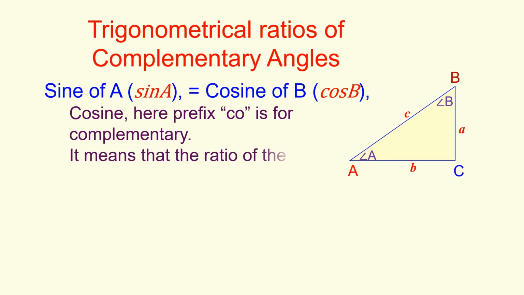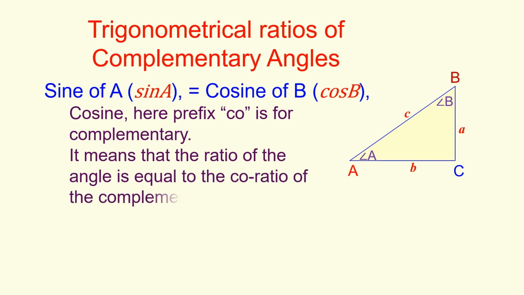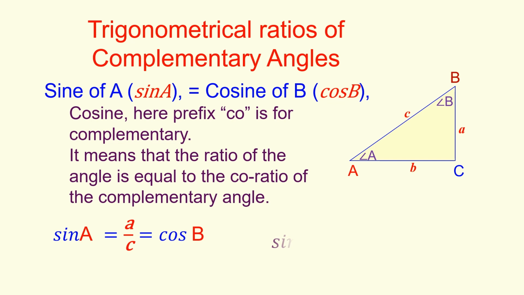Cosine, here prefixed co, is for complementary. It means that the ratio of the angle is equal to the co-ratio of the complementary angle. Sine A equals a by c equals cos B, and sine 30 degrees equals 1 by 2 equals cos 60 degrees.